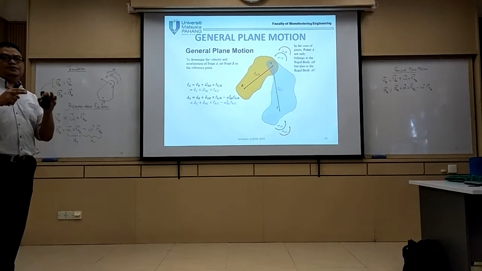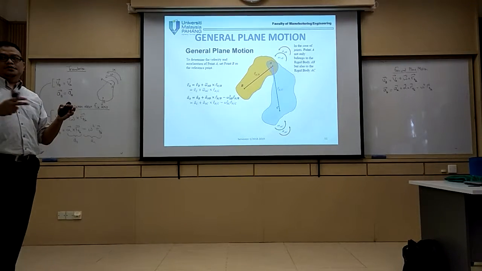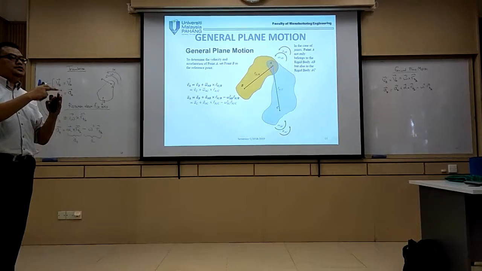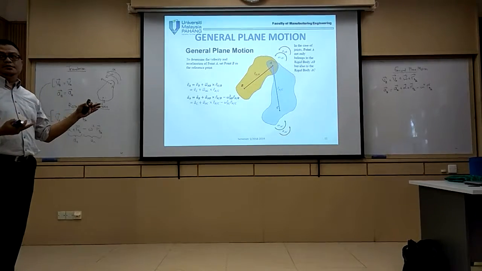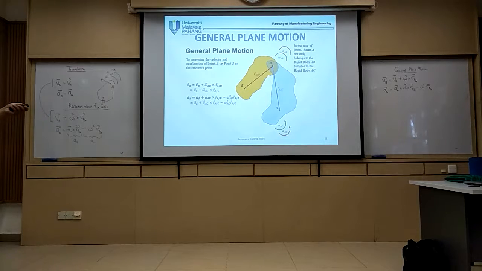It might consist of 2 or 3 or more rigid bodies. Then maybe these rigid bodies are connected, so there will be one point that is shared by the 2 or more rigid bodies. For example, in this case, we have 2 rigid bodies. The yellow one is the first rigid body, and the blue one is the second rigid body. So then they share the same point.